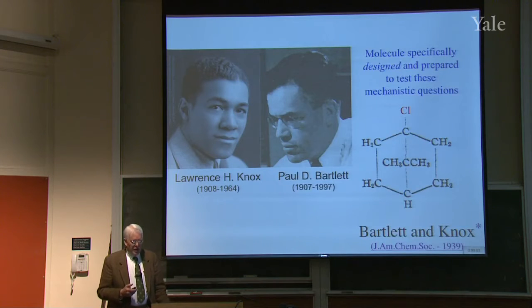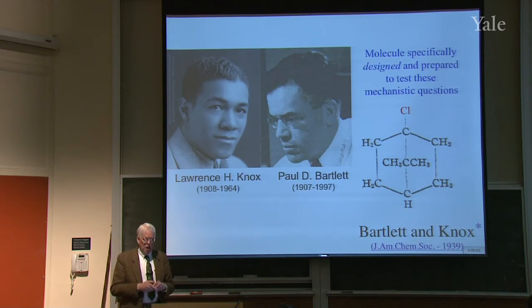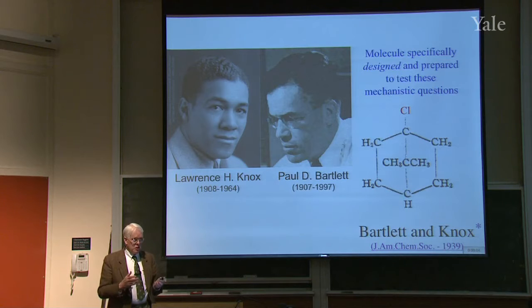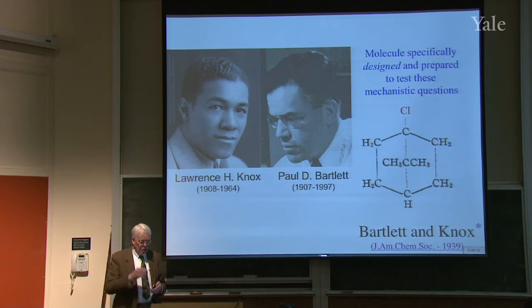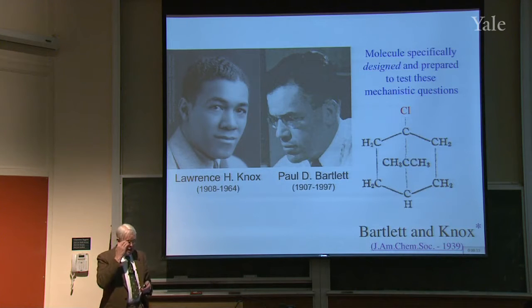Okay. Now, we looked last time at the work of Bartlett and Knox, this classic work of using a bridgehead chloride in order to test some possibilities about the mechanism of nucleophilic substitution. You can't get at the backside, so that's out. You can't form a double bond at the bridgehead, so you don't have to worry about elimination.